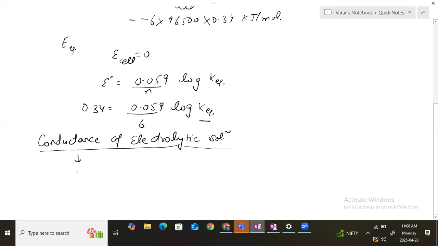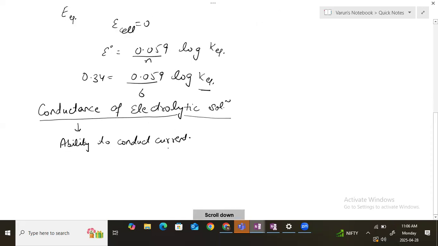Conductance is basically the ability to conduct current. Or it is the inverse of resistance.